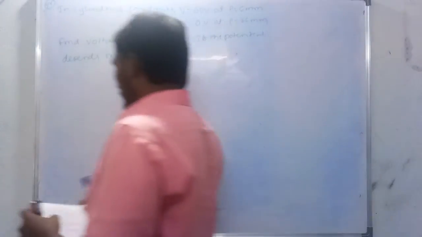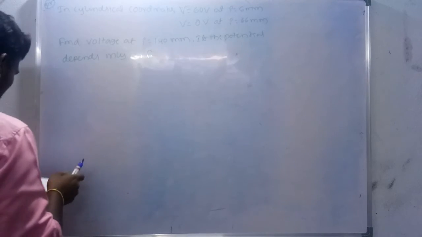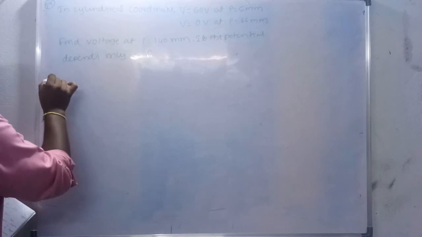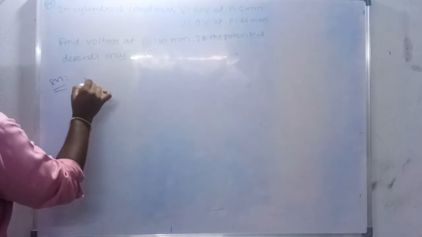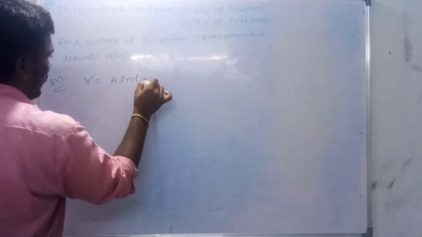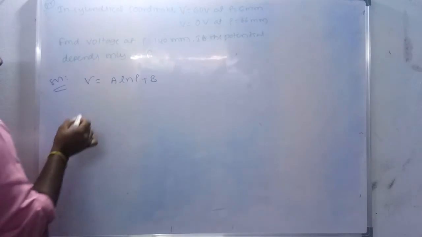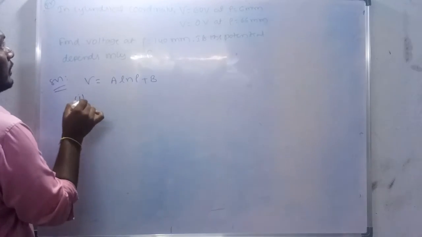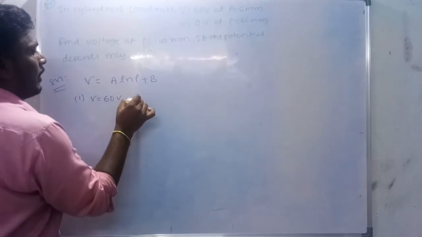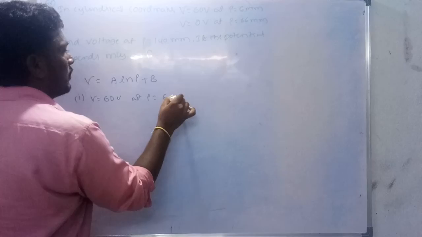See, the solution will be like this. The solution of potential is from the Laplace equation. What is the solution? V is equal to A ln of rho plus B. First, V is equal to 60 volts at rho is equal to 6 mm.